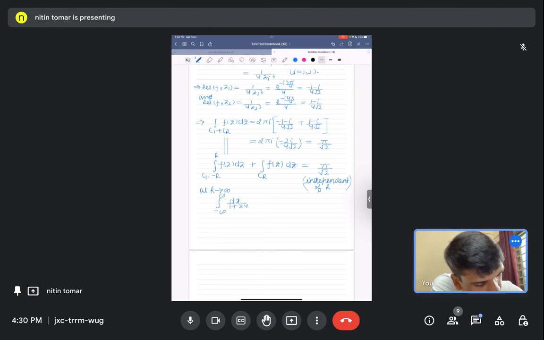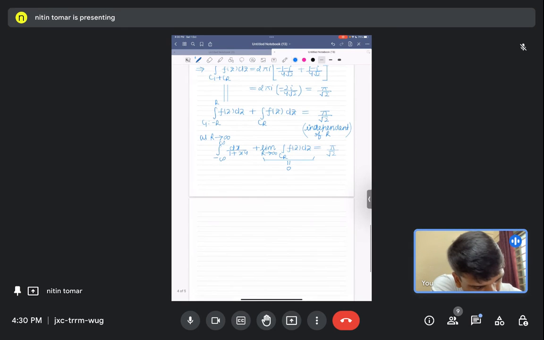And the limit as R goes to infinity of the integral over CR of fz dz, we have proved is 0, right? So finally, the integral from minus infinity to infinity of dx over 1 plus x4 is actually pi by root 2.